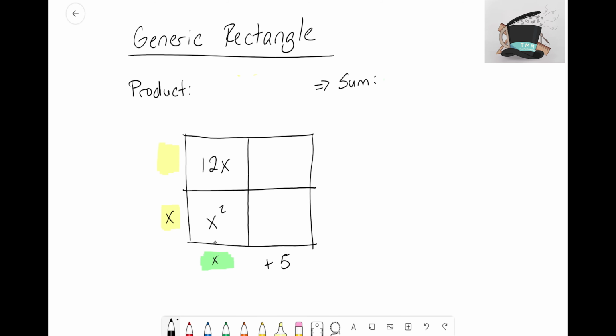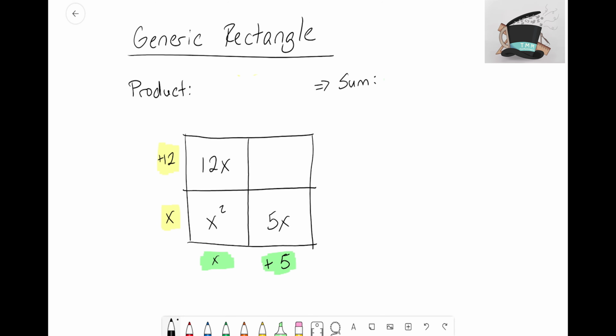Hopefully you start to see that x times plus 12 will give us the 12x inside. Now down here on the bottom, we know that we have the plus 5 here. We know we're multiplying plus 5 times the x. Well, plus 5 times x is going to give us 5x.